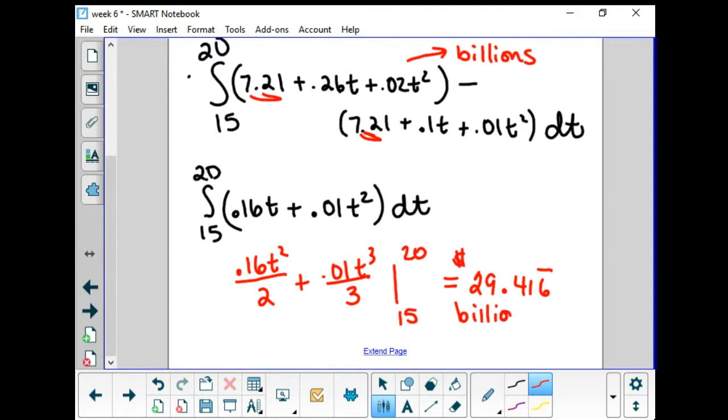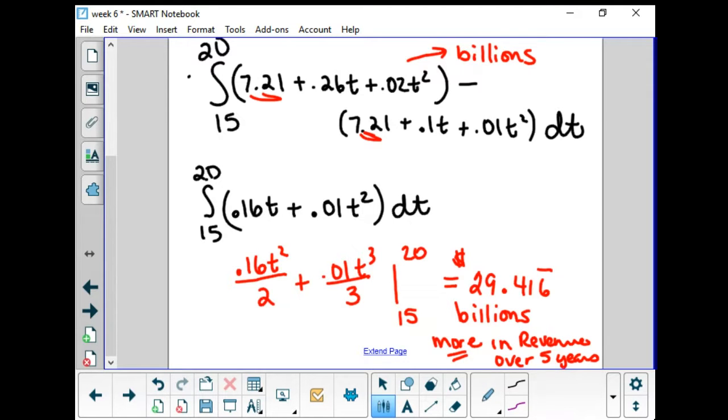And that's $1 billion more in revenue over the 5 years.